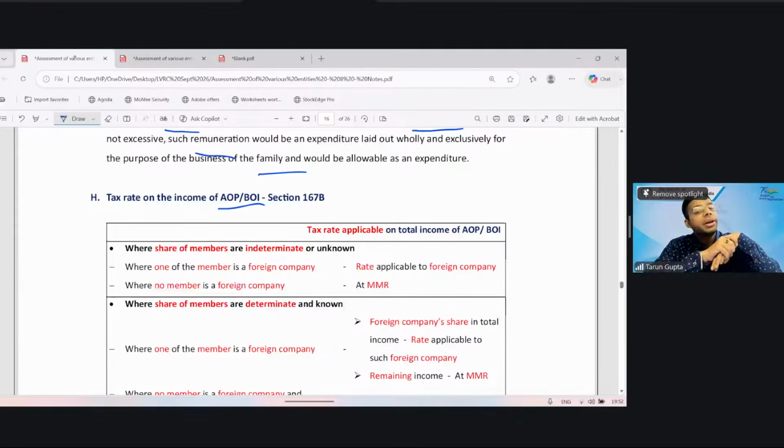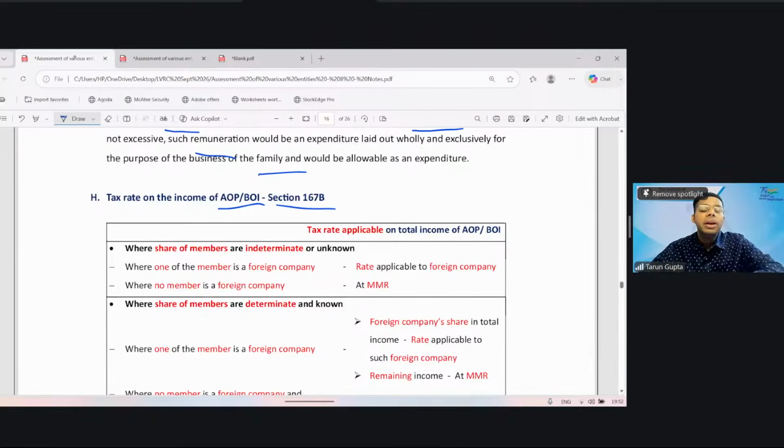They are taxable under the Income Tax Act in respect of income accrued to them. Okay. Section 167B deals with the tax rate applicable to the income of AOP BOI. Firstly, it says if the shares of the members are indeterminate at any point of time, if the shares of the members are not definite or indeterminate, then the AOP BOI shall be taxable at a minimum rate of MMR, maximum marginal rate.